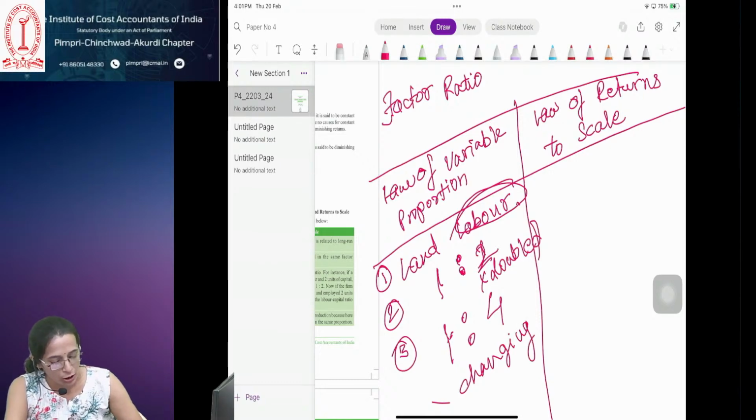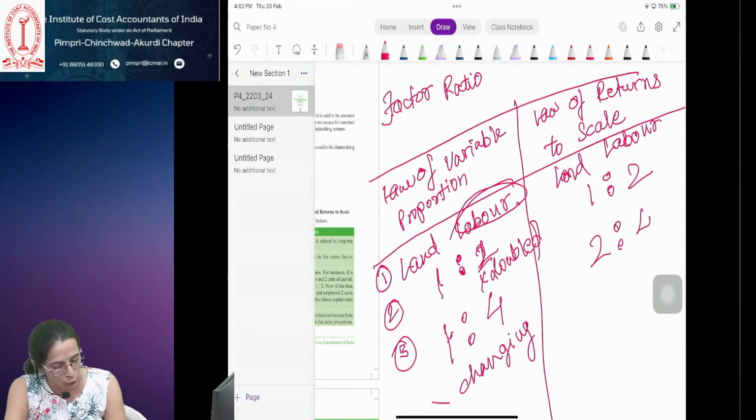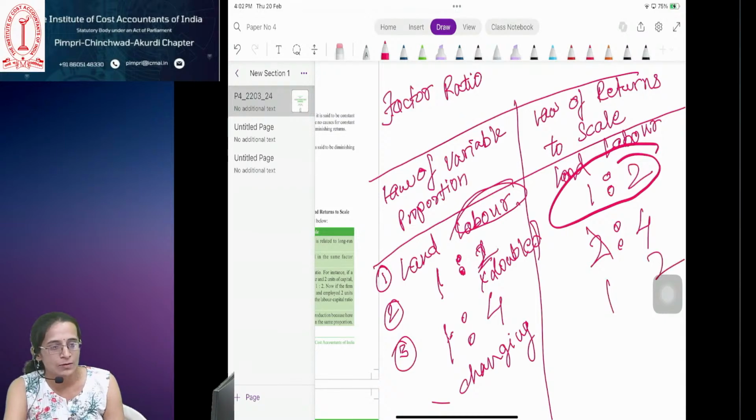And now in the law of returns to scale, same, if we have land and labor, previously it was 1:2. Now it became 2:4. If we reduce 2:4, it will again become 1:2, right? 2 ones are 2, 2 twos are 4, you know maths. In the ratio, again what does the ratio remain? The 1:2.